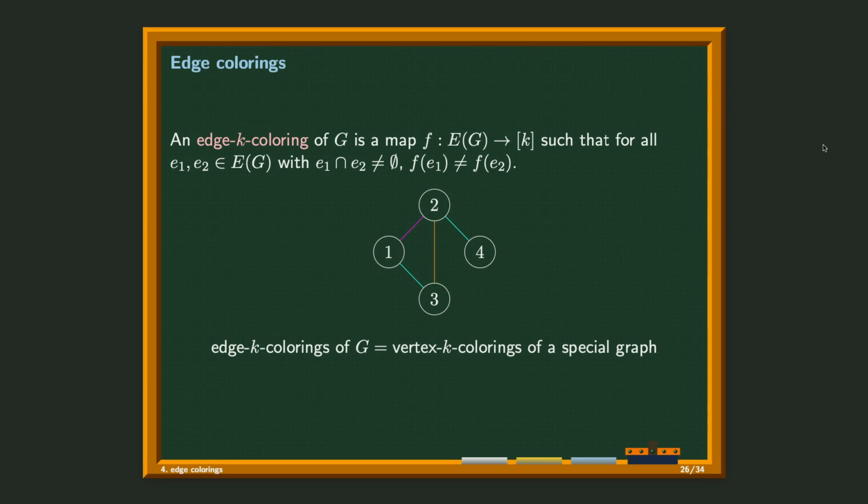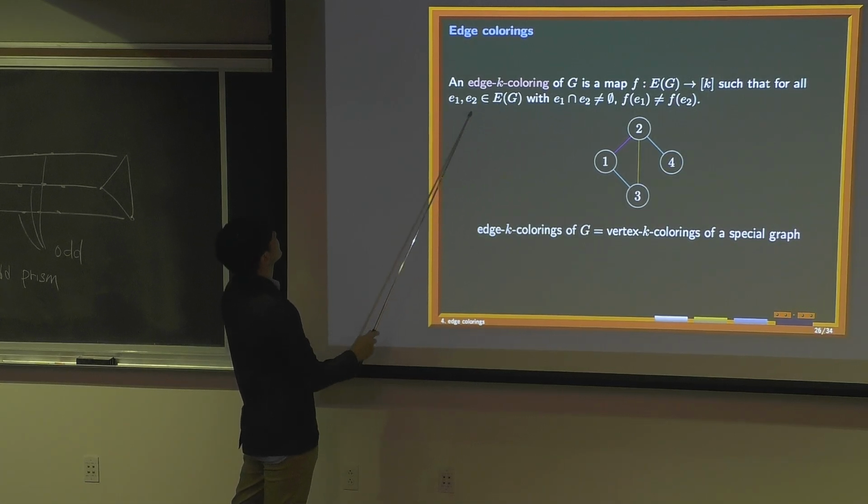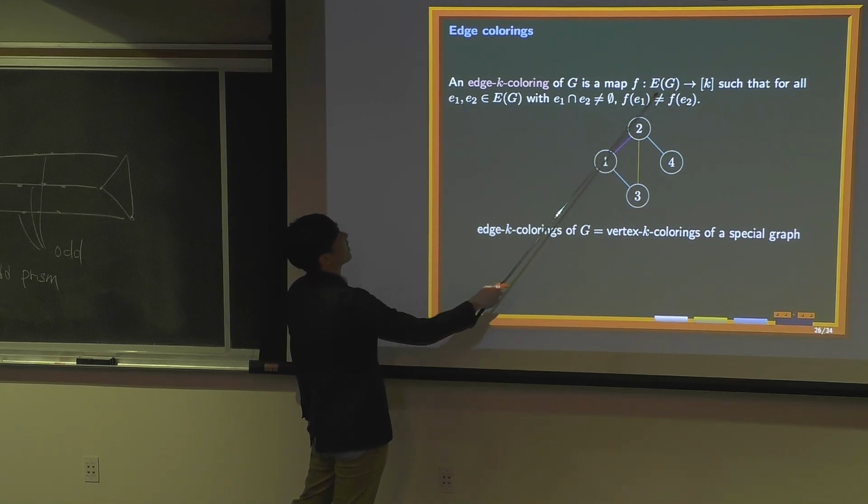So now we turn to edge coloring. An edge coloring is a map from the edge set to the integers 1 to K, such that for any edges e1 and e2 that have a common vertex, their colors are different.